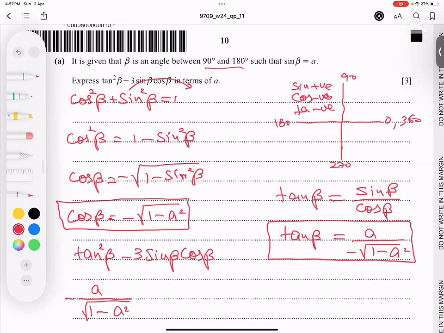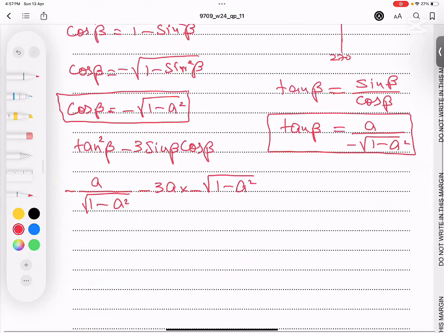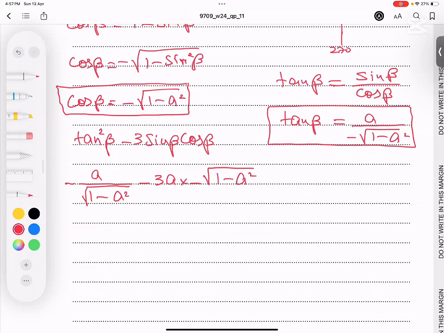And then I write a minus 3, and sine beta is only a, and cos beta is completely including the negative sign. And this negative, because these three are multiplying, negative into negative, I get a positive.